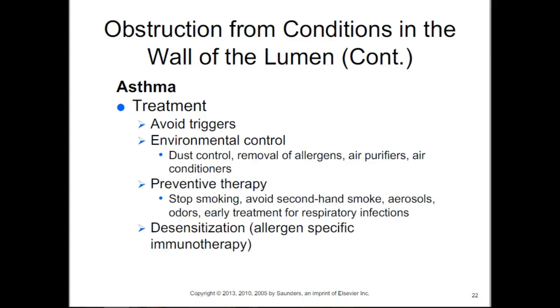Avoiding triggers, right? Environmental control, like dusting and purifying the air, preventive therapy, things like stop smoking or avoiding secondhand smoke. Very strong odors or odors that you know trigger the asthma, right? Early treatment for respiratory infections. Because remember, I want you to think, if you have an increased mucosal production in your lungs, you are going to be much more susceptible to getting respiratory infections.